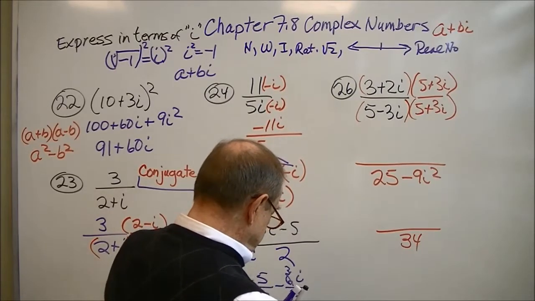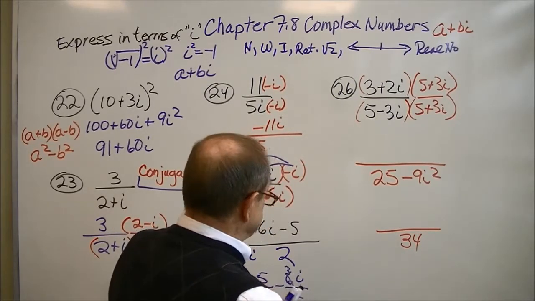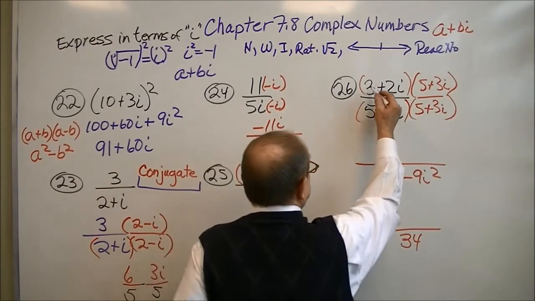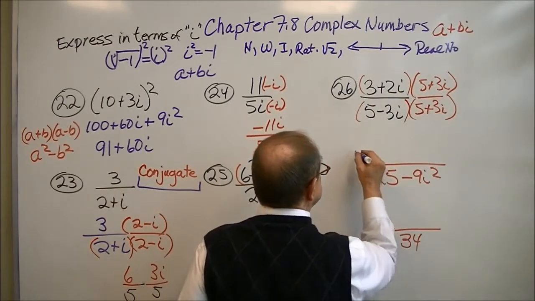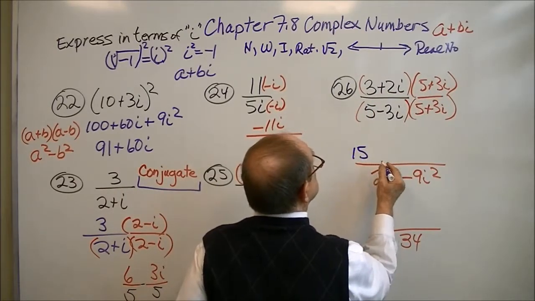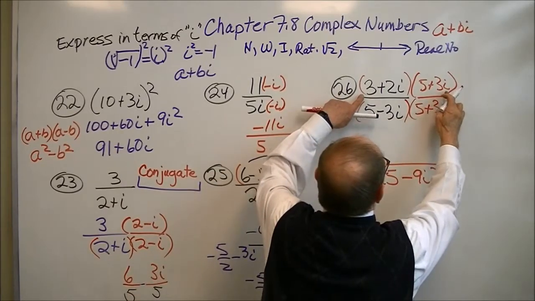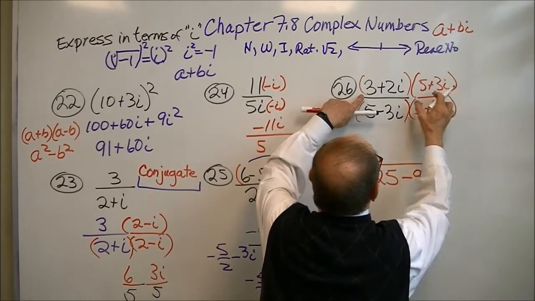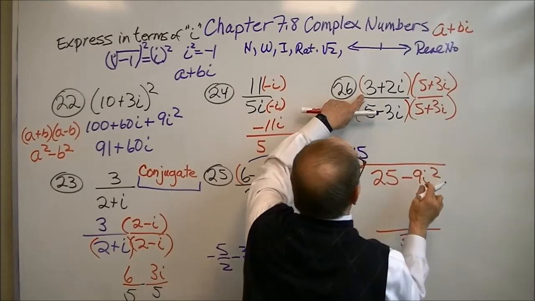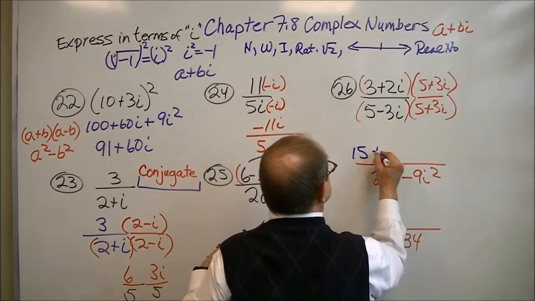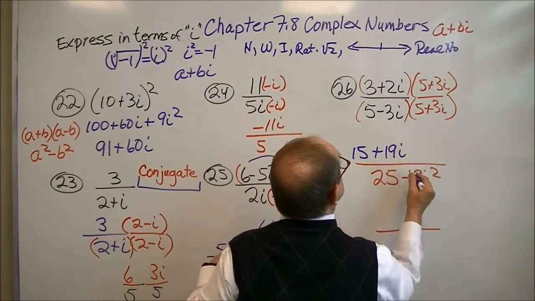Now as we FOIL the top here, 3 times 5 is 15. Let's see, our outers are a 9 and a 10. So this looks like a 19i.